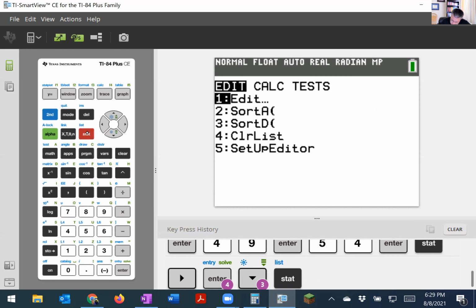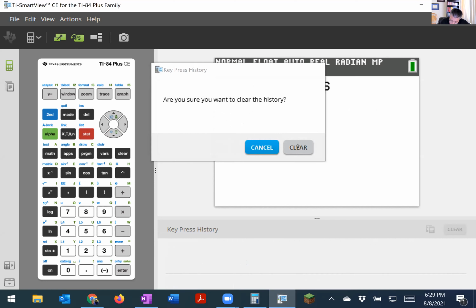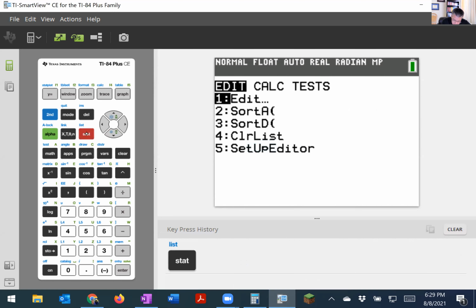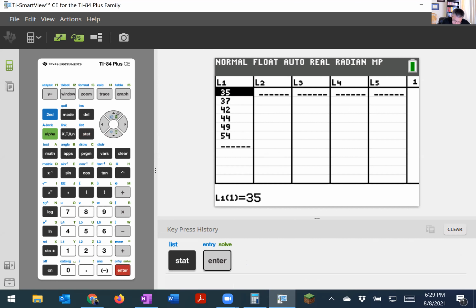I'm going to go back to stats here. Let me clear my key history. I'm going to hit stats, and then I'm going to click on edit. Just hit enter. And then I'm going to clear my list.